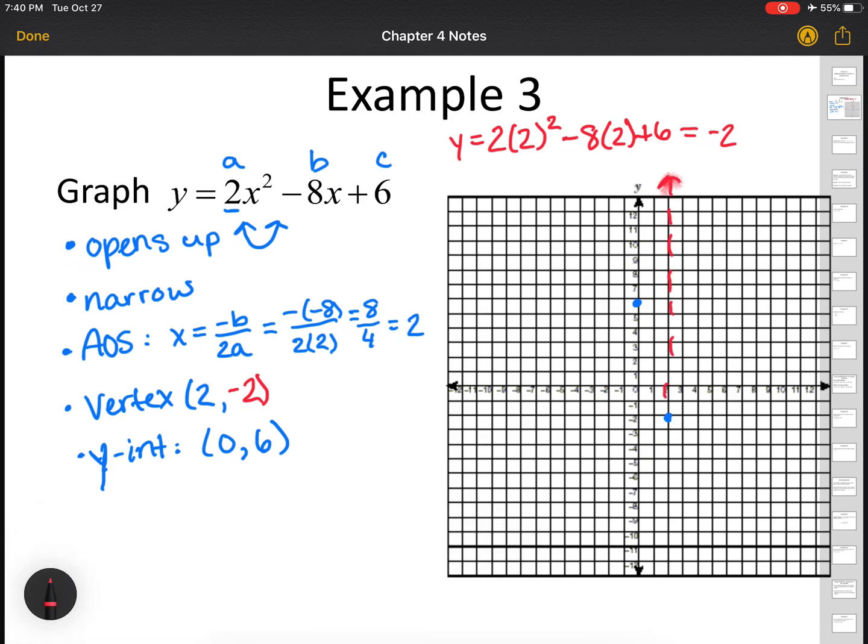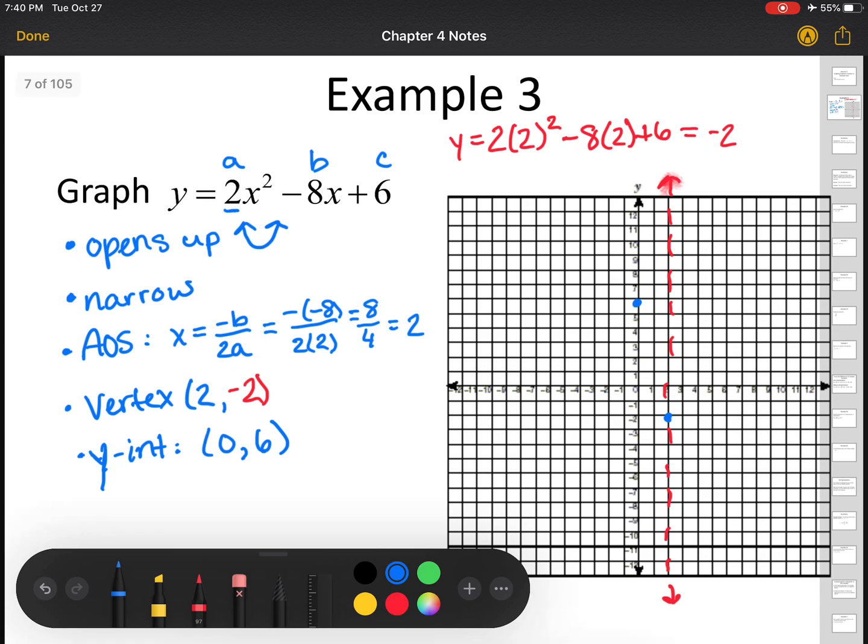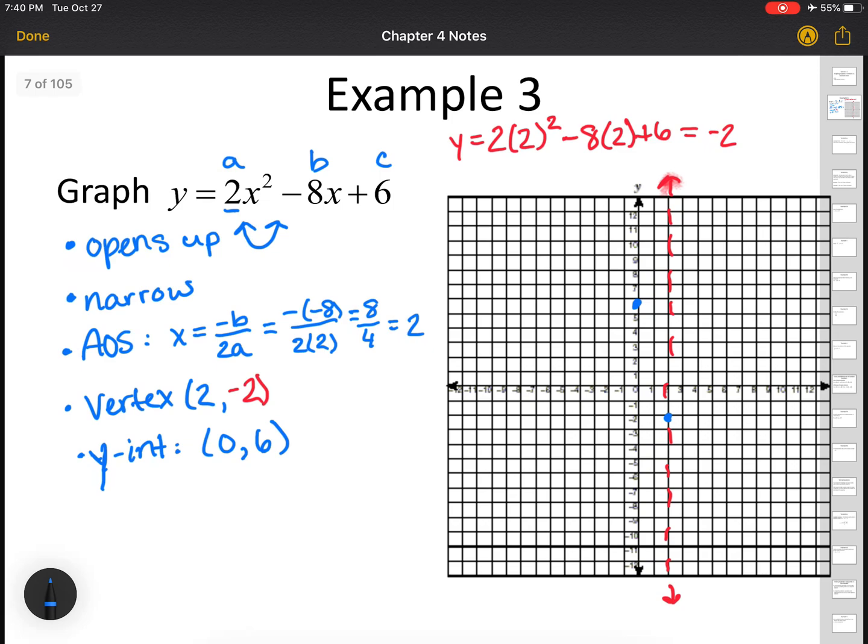I'm going to make it a dotted line because it's kind of like our symmetry line for our parabola. I only have 2 points, so if I want one more, I'm going to reflect our y-intercept over our axis of symmetry line. It's kind of like a mirror.